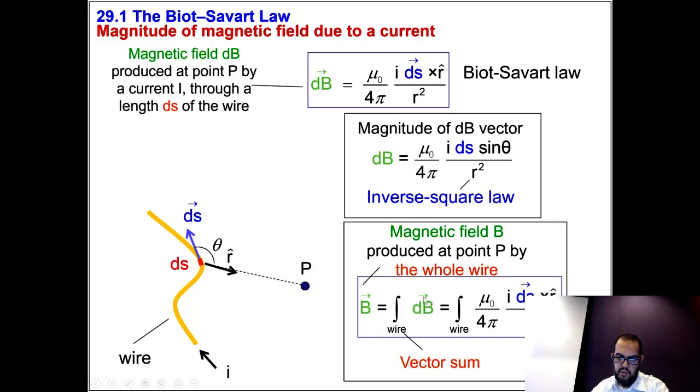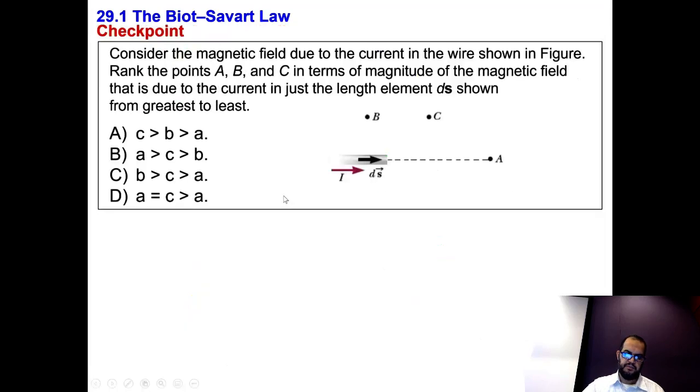So you do the integration of all the magnetic field contributions from each small element ds in the wire. It's the integral of mu0 over 4 pi, I ds crossed with the unit vector r, divided by r squared. In certain situations this integral might be easy to perform, and we will do a couple of examples using it.